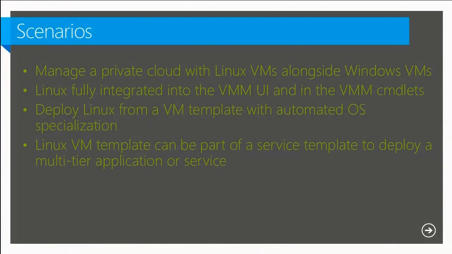They have to be manually configured. With that capability, you unlock a whole lot of other features of VMM, the service templates, the scale out of service templates. So that's really the key element that was missing in VMM for Linux prior to SP1 and is now unblocked for Linux in SP1.